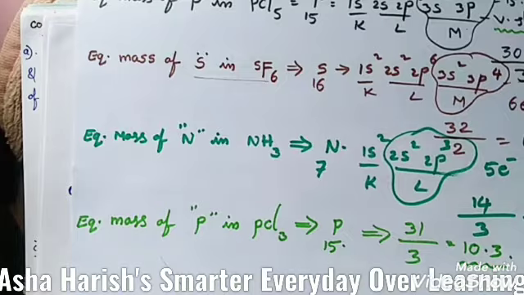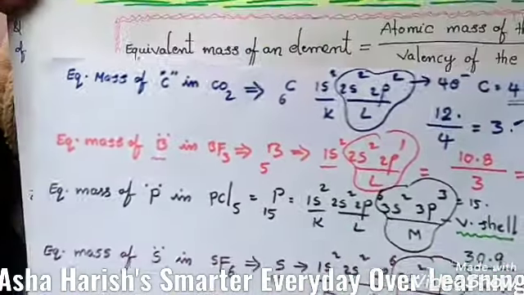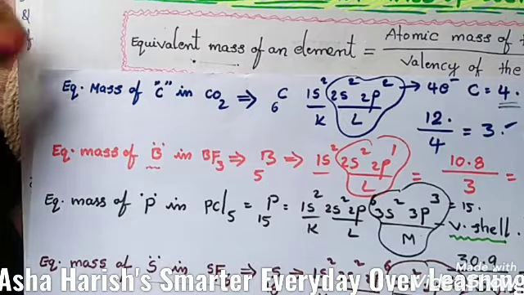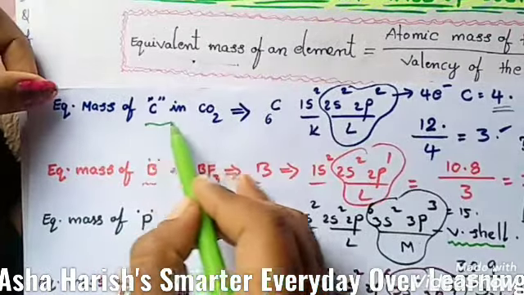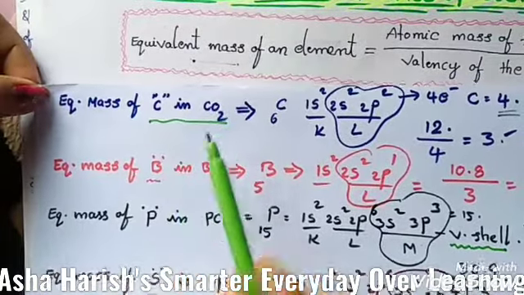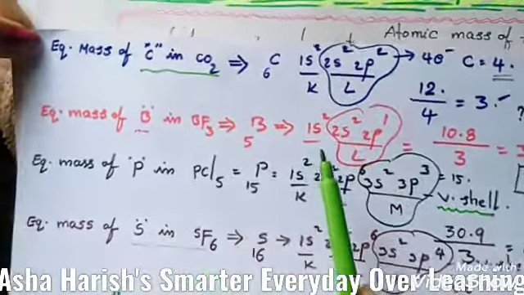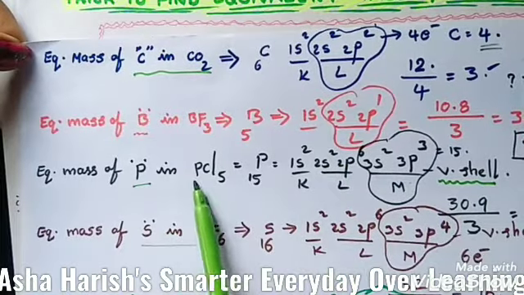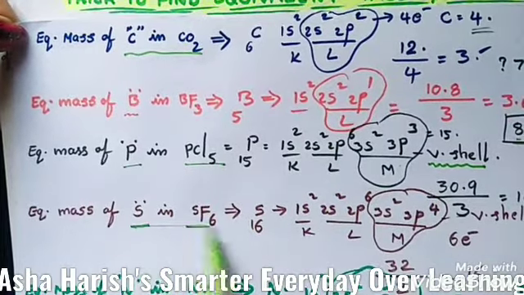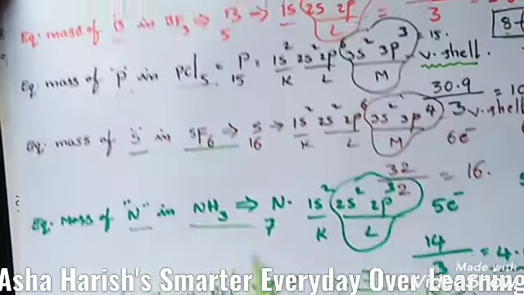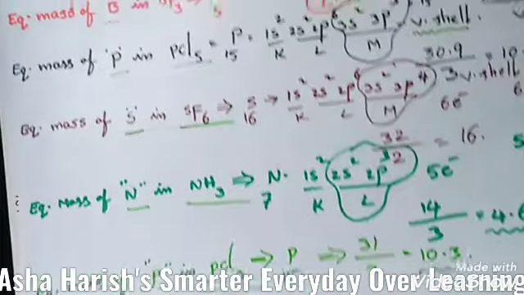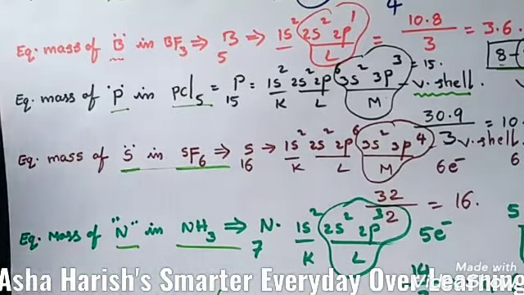Okay students, this is about our today's session, how we can find the equivalent mass of an element present in a compound. Here C, carbon in CO2, boron in BF3, P, phosphorus in PCl5, sulfur in SF6, N in NH3, P in PCl3. All of this I have done here.